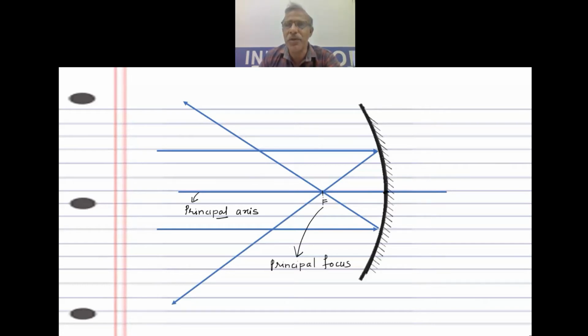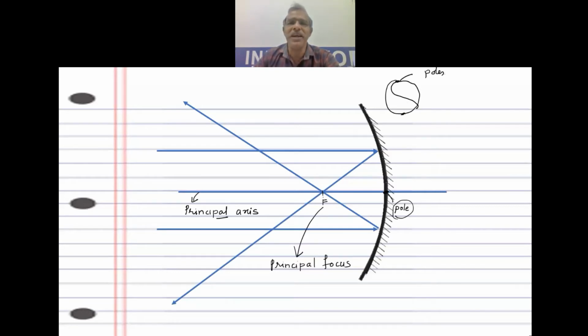And after that, the center of this mirror is called the pole of the mirror. And why is it called pole? Generally, where we make a pole, if there is a sphere, right? Then these 2 points are generally treated as poles.